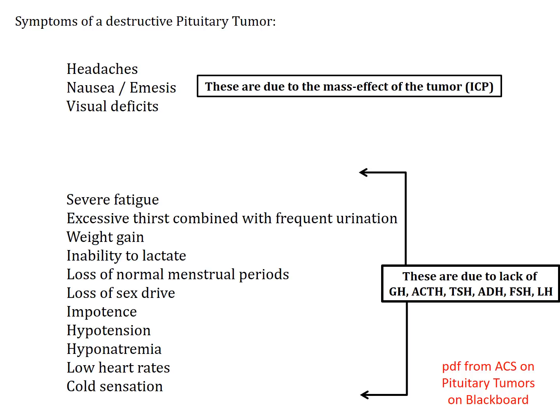A woman who can't lactate or loses her ability to menstruate or can't conceive a pregnancy. Again, that can be due to a lack of FSH or LH. Hyponatremia, hypoglycemia, dehydration, that might be due to a lack of ACTH. Feeling cold, putting on weight, that may be due to a lack of TSH and thyroid, right?